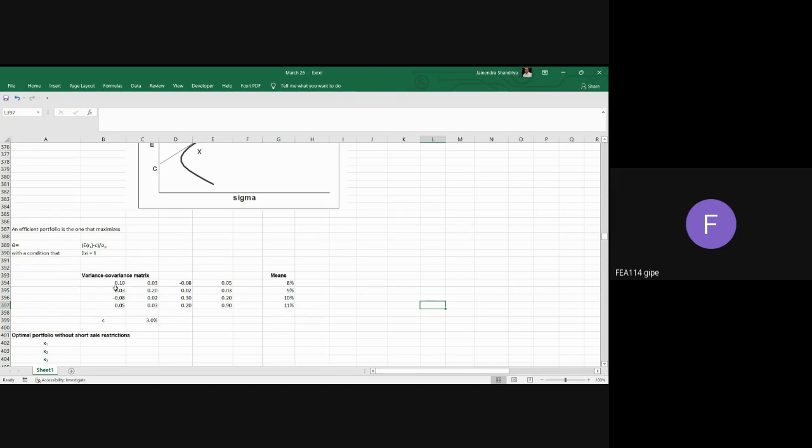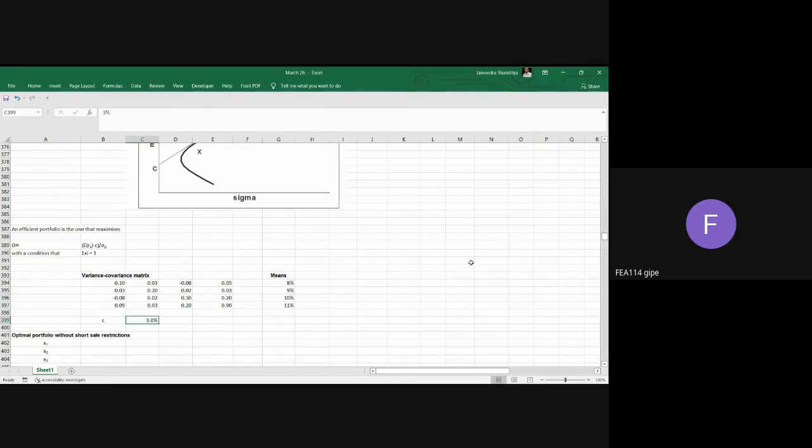As you know, we have always been dealing with a variance covariance matrix, something like this, 4 by 4, and the mean returns of the four assets comprising the portfolio are always given. Then the risk-free rate is given, because without the risk-free rate you cannot draw the line.